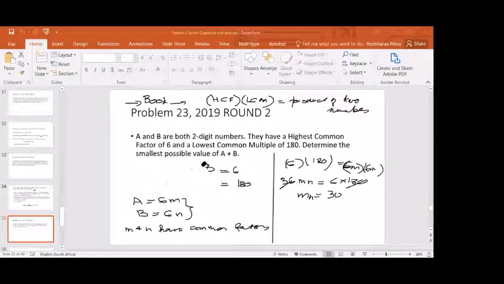I don't need these anymore. I need some space. So M times N is 30 and M and N have no common factors, but the problem was to find A plus B. Let's look at the question here. A plus B we need to find. That is 6M plus 6N.